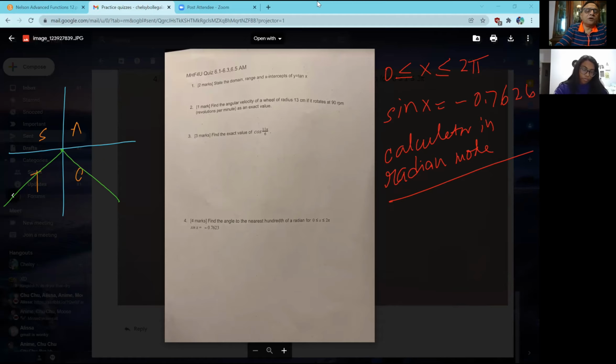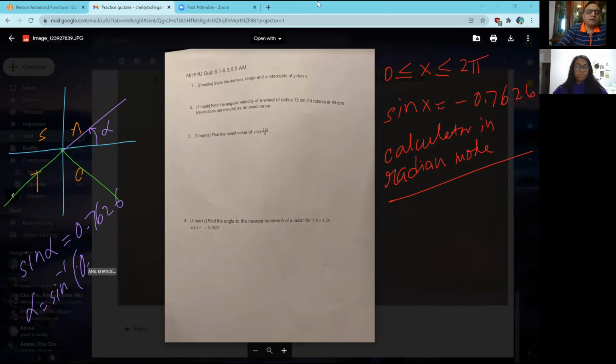Perfect. So what is the related acute angle? Let's call this alpha. So sine alpha is equal to 0.7626. So alpha is sine inverse of 0.7626. Can you tell me how much you get?